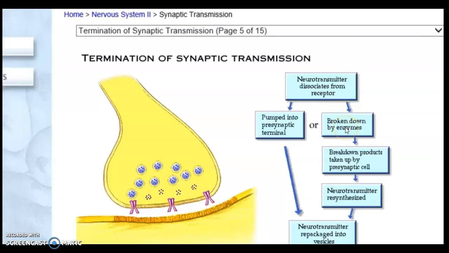Acetylcholine was broken down by acetylcholinesterase, and then the breakdown products were taken up by the presynaptic cell, resynthesized, and then repackaged. Or it can be pumped into another area and potentially repackaged, or it can be pumped directly back into the presynaptic cell.